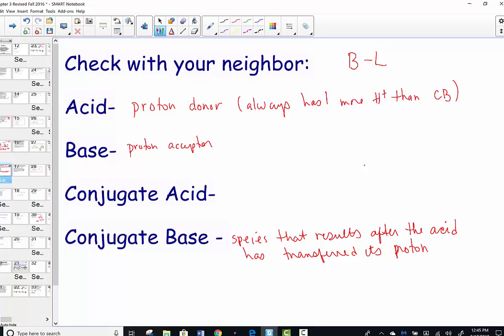And conjugate acid, again, would have one more hydrogen because the acid is always hydrogen-rich compared to the base. It's a species that results after it's accepted the proton.